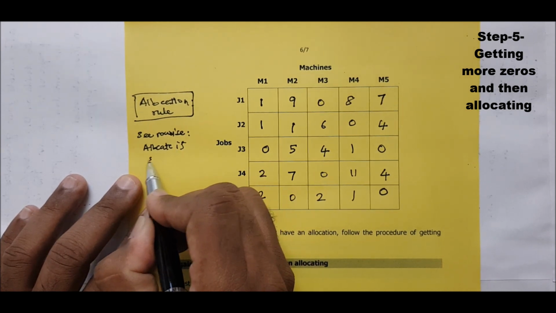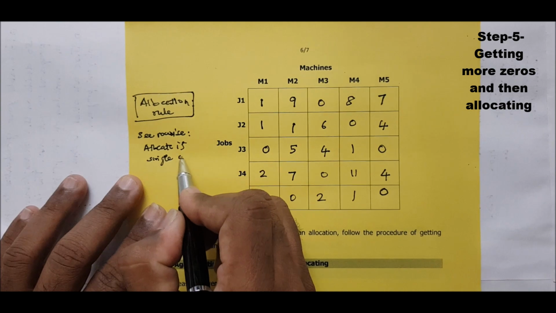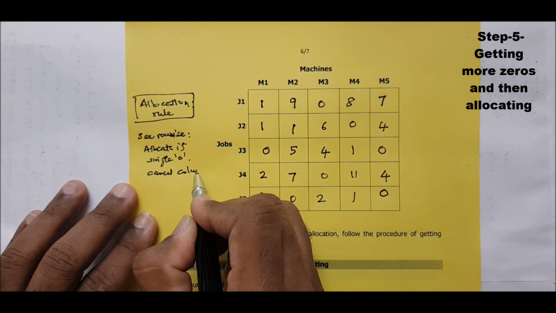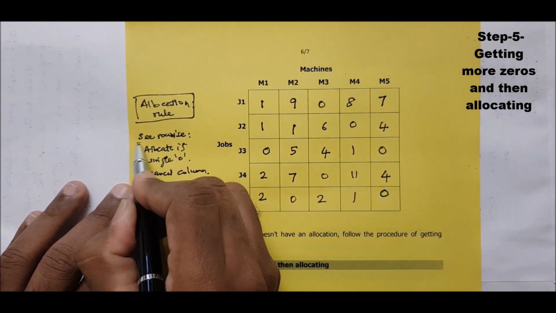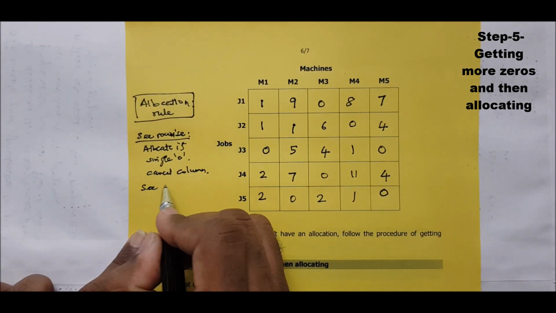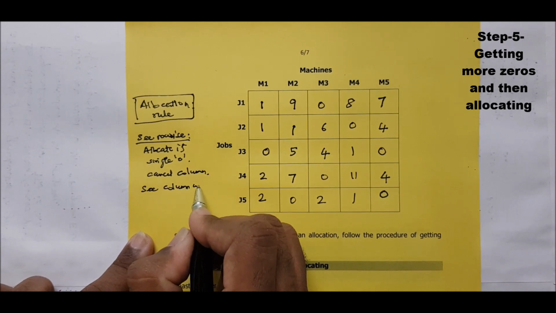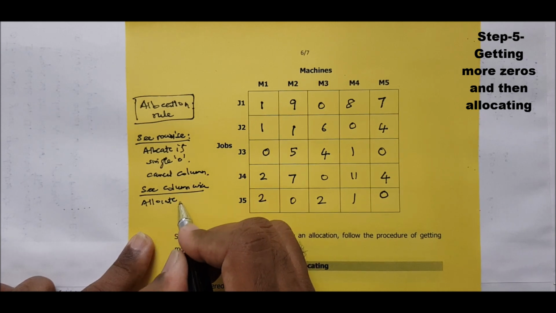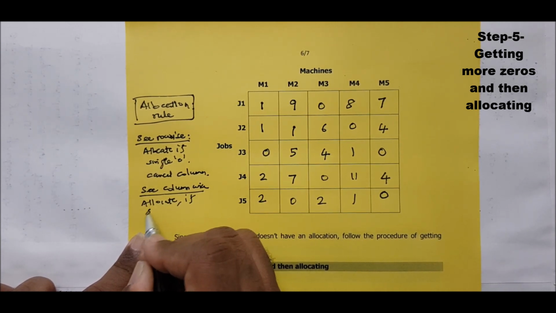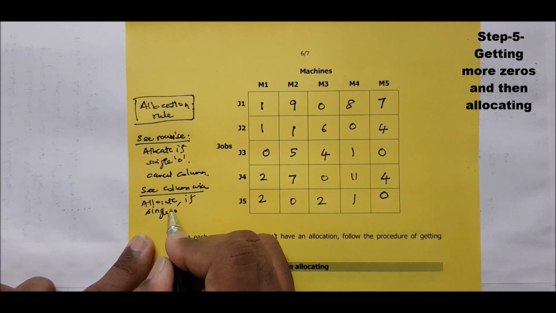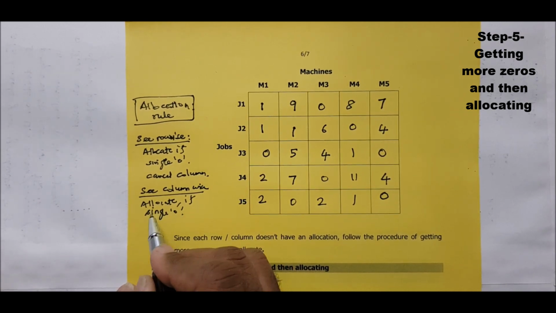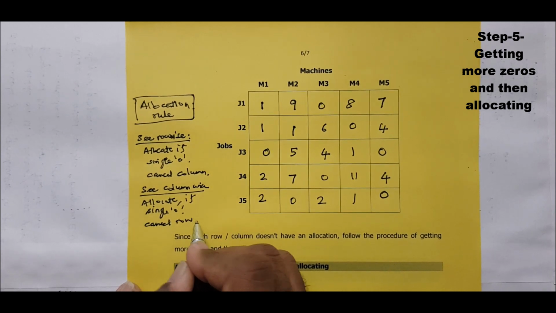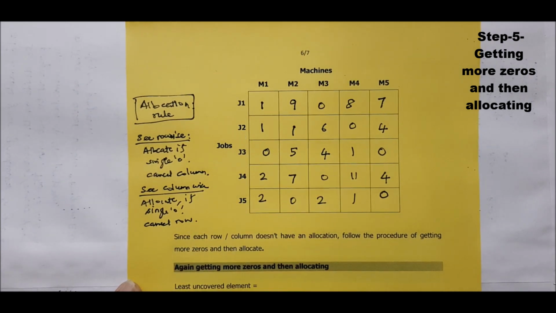If single zero, cancel column. If you see column wise, allocate. When will you allocate? If a single zero is found. Since you are seeing column wise and allocating, cancel the allocated row. This is the rule. Somewhere you have to write it.